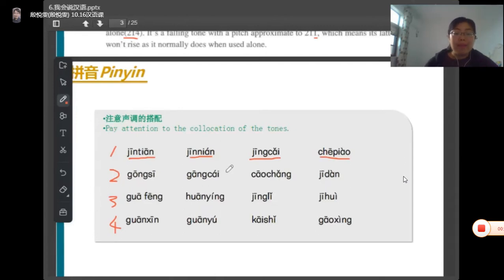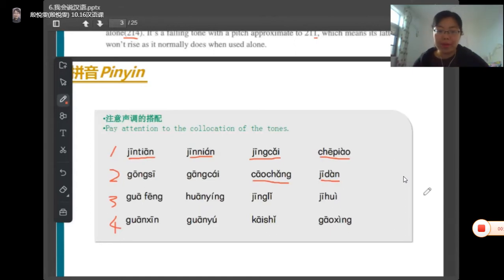Next one, 刚才, means just now. 操场, playground. 鸡蛋.